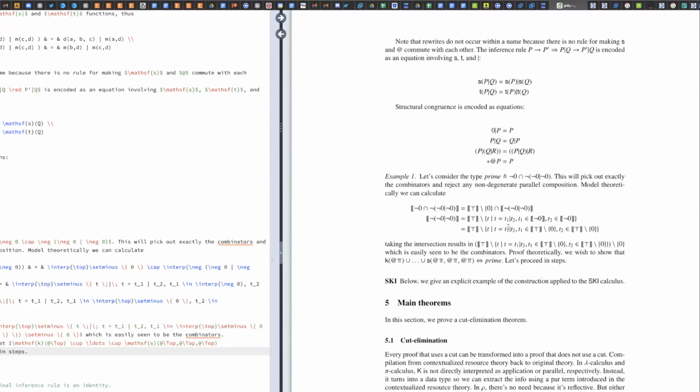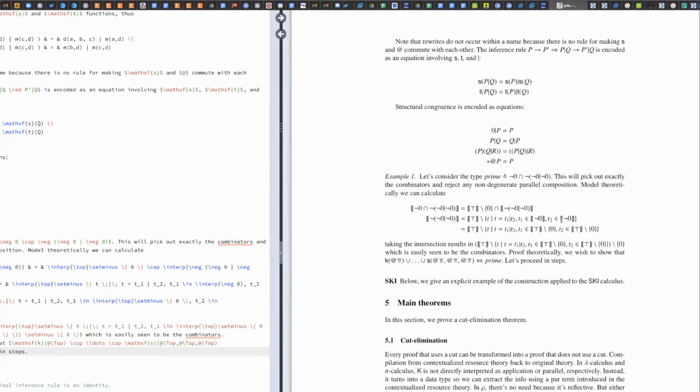Now, model theoretically, as opposed to proof theoretically, you can just calculate directly, right? So the meaning of this is going to be the meaning of top take away 0 intersect with that. And we can calculate what this is. The negation is going to be top take away this part, right?